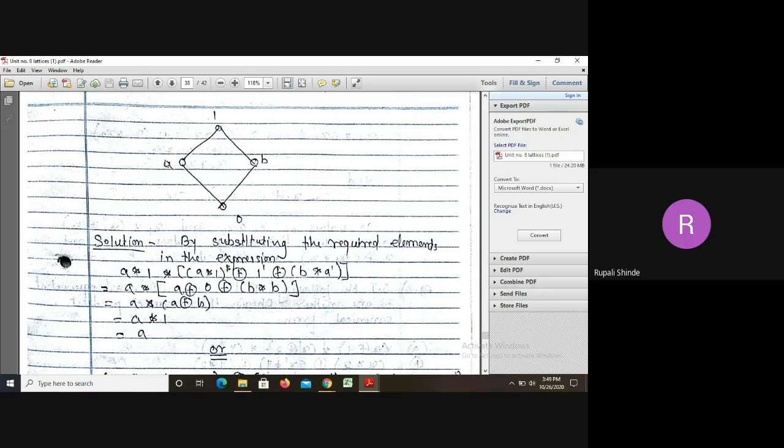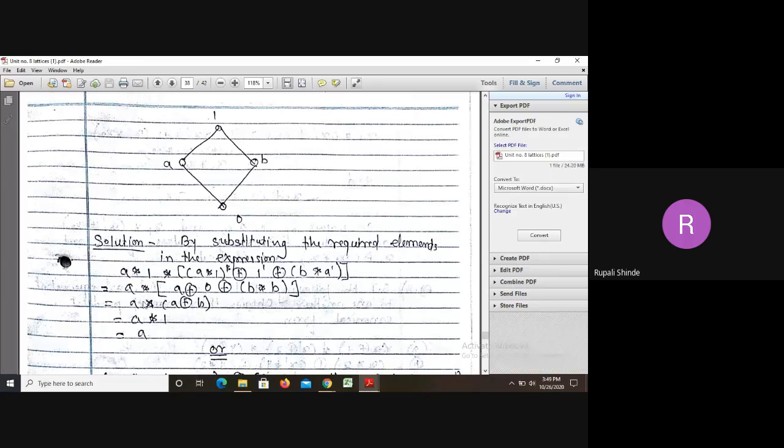A. Okay, so that we have taken here, star operation A star 1, value for this operation is A. XOR 1's complement: complement of 1 is 0, that is written over here. XOR B star A's complement. A's complement is B, so value for this one is B star B.